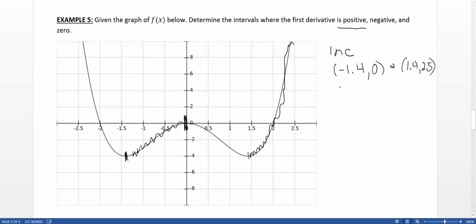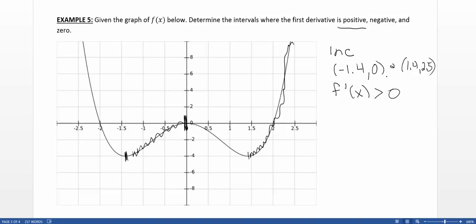So if my function is increasing, then my first derivative is positive, right? That means any tangent line that I draw where I have those squiggly lines for increasing, the tangent line will be positively sloped, and the slope of that line will be some positive number.